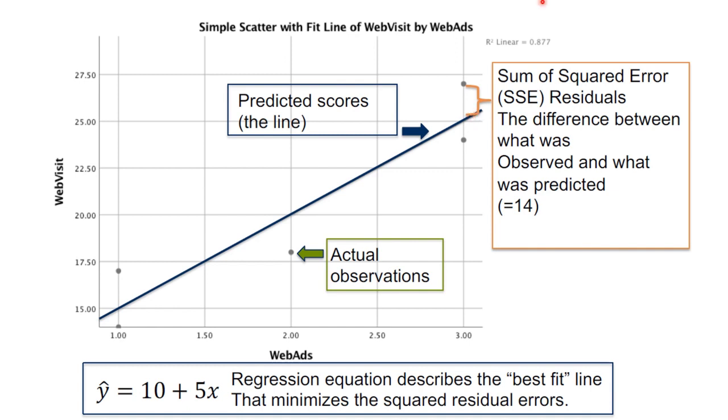And the regression line is the minimization of that difference in total. So the line is the best fit because no better line could be drawn that would minimize the difference between the actual and the prediction. That is why it's called the best.